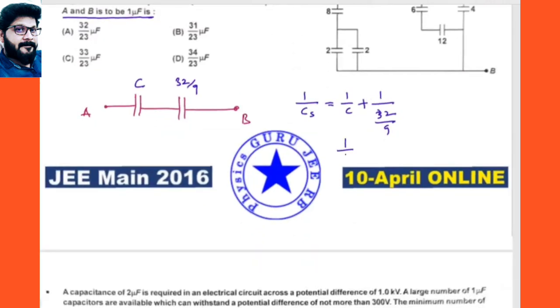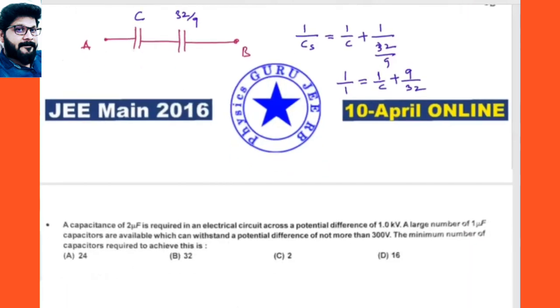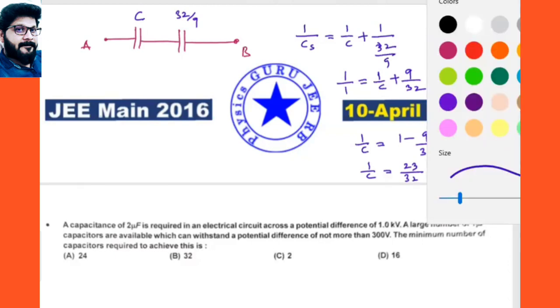So 1 by 1 is equals to 1 by C plus 9/32, which is nothing but 1 by C equals to 1 minus 9/32, or 1 by C is equal to 32 minus 9, which is 23 divided by 32. Or simply I'll get C equals 32 divided by 23 microfarads. Hope this is clear, right?